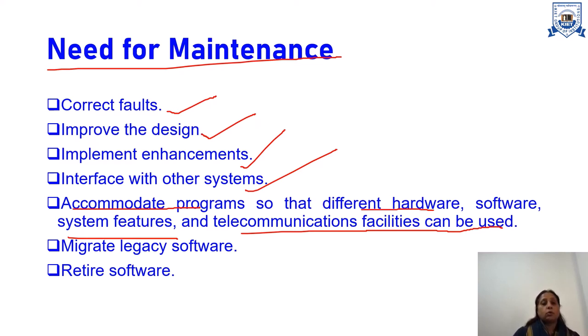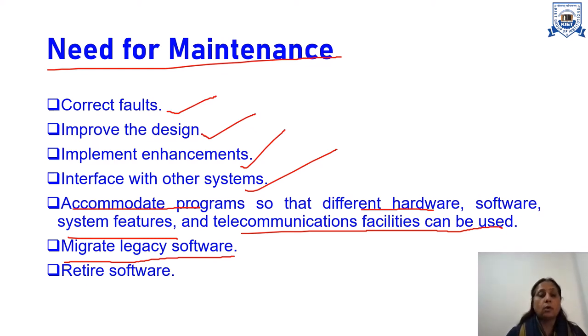We will also do maintenance to migrate the legacy software. When we are moving through technology, we want our legacy software to also migrate to the new technology. In that case, we can use maintenance.